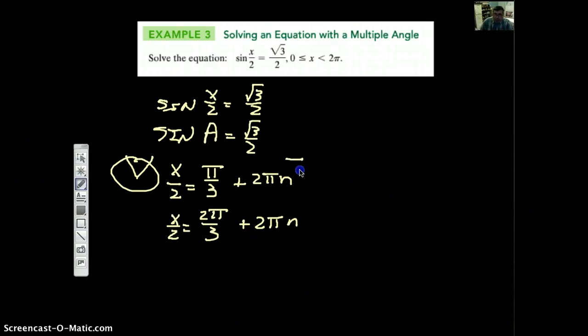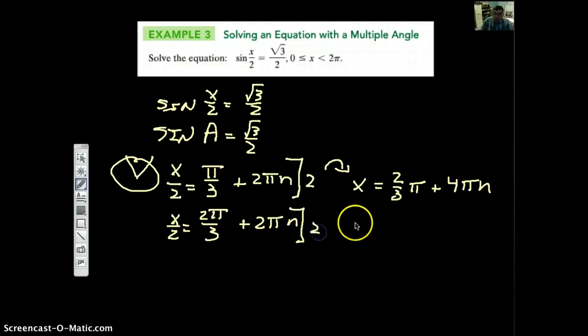And the easiest way to do this is just multiply both sides by 2. All right, let's put that over here. So that's going to be x is equal to 2/3 pi plus 4 pi n. Okay? And of course, this one we're going to do the same way. And this is x is equal to 2 pi over 3 plus 4 pi n.